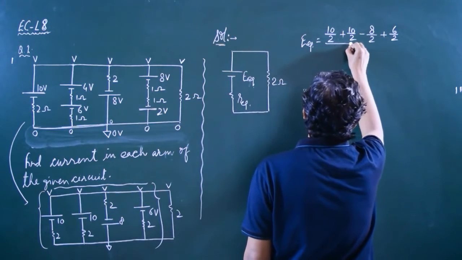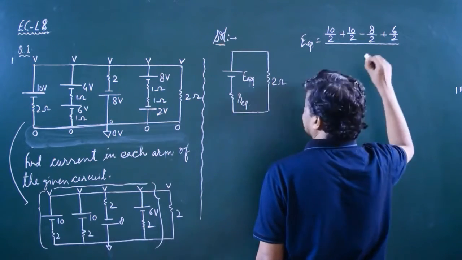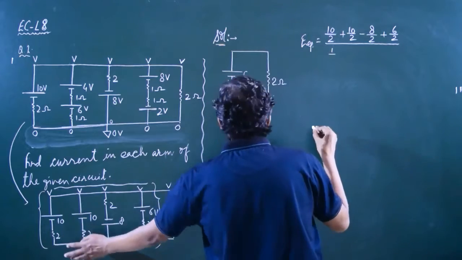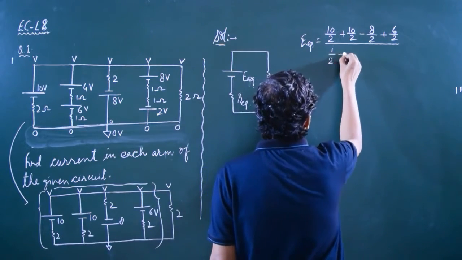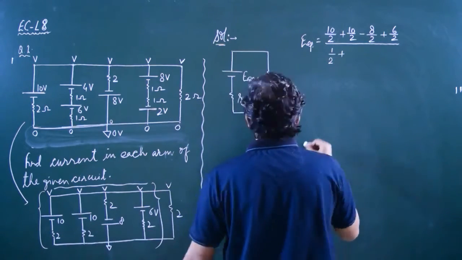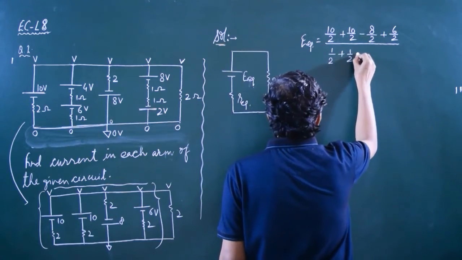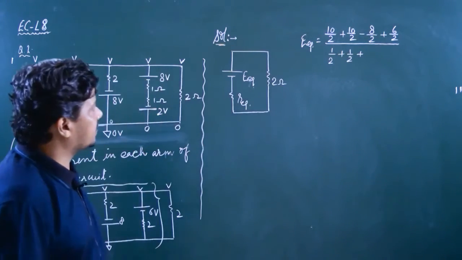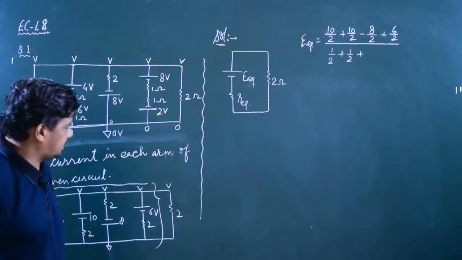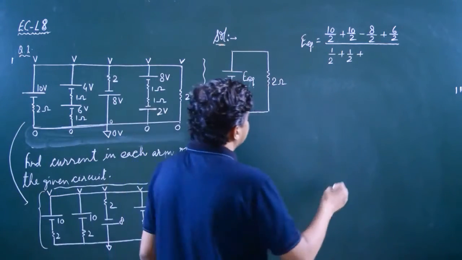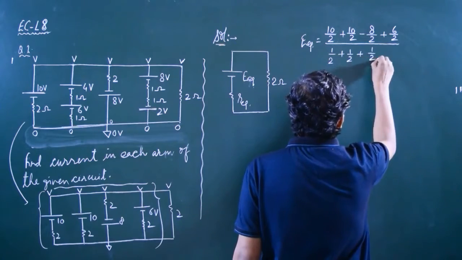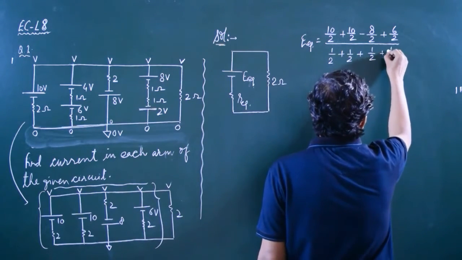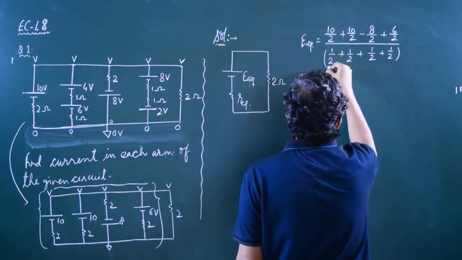So it is sigma E by R divided by sigma 1 by R. So 1 by R1, this resistance is 2; 1 by R2, it is 1 by 2. रेजिस्टेंसेस को, इक्विवेलेंट रेजिस्टेंस को कभी सब्ट्रैक्ट नहीं करते हैं, these are always added. So it is again 1 by 2 and 1 by R4, that is again 1 by 2.